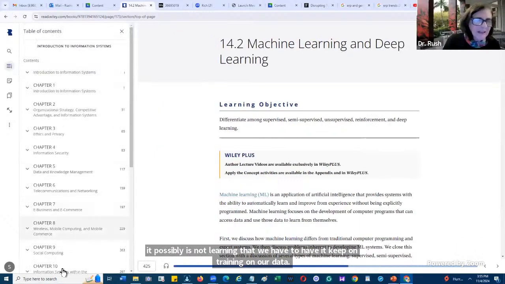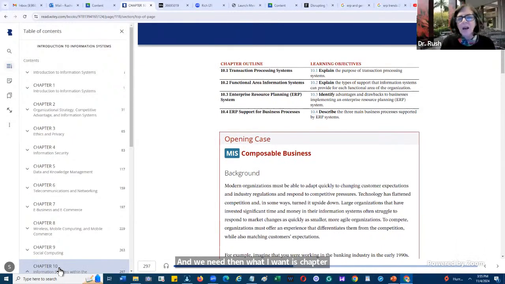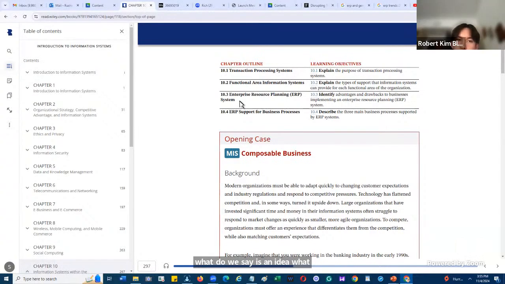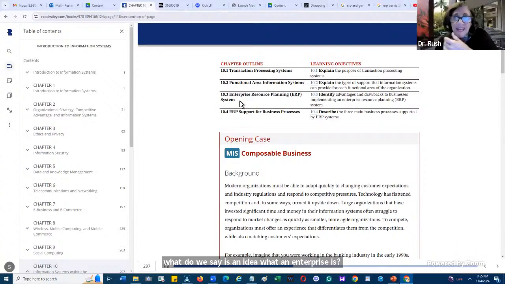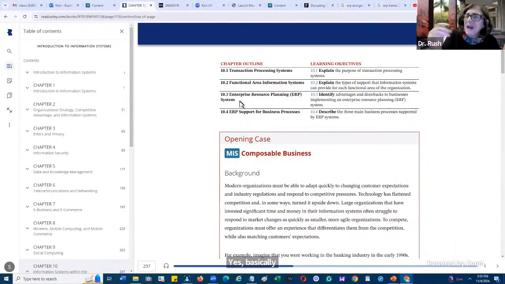What I want is chapter 10, which will talk about transaction processing systems, functional area information systems, what we call ERP, and enterprise. So Robert Kim, an enterprise is what? What do we say is the idea of an enterprise? It's the university an enterprise. Yes. Basically, an enterprise is what we consider a large business that is going to be composed of a number of departments.